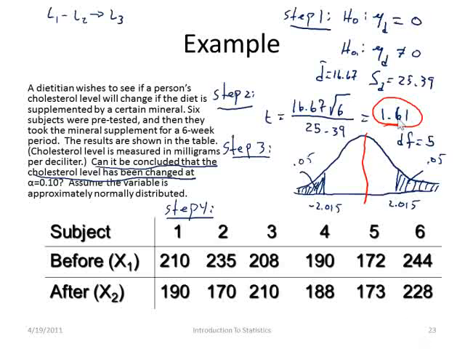So we're failing to reject the null hypothesis. So what is the short run answer? Did this mineral supplement reduce the cholesterol level or not? No. So at alpha equals 0.1, the data indicates that the average cholesterol level did not change with this supplement.